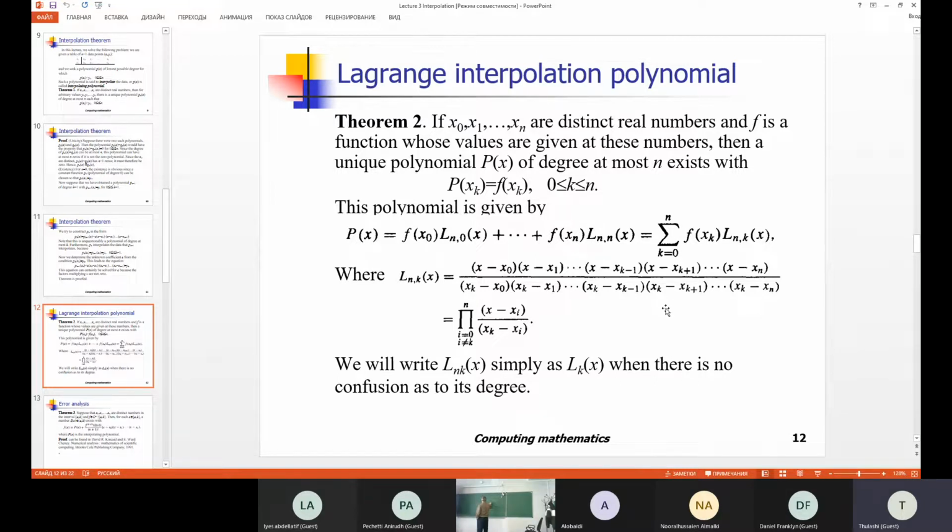So I write x minus x0, x minus x2 over x1 minus x0, x1 minus x2.